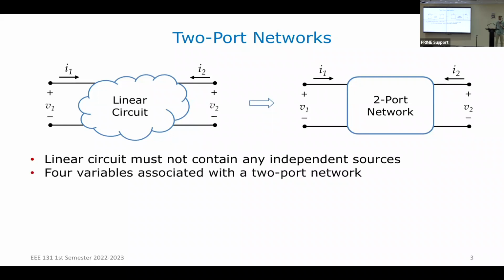So there are 4 variables associated with a two-port network. At the input, you have V1 and I1, the voltage and the current. And at the output, you have V2 and I2. By the way, how do you know that a port is indeed a port? The rule is this. If the current entering one terminal is equal to the current leaving the other terminal, then that is a port.